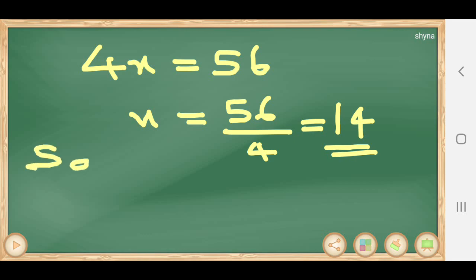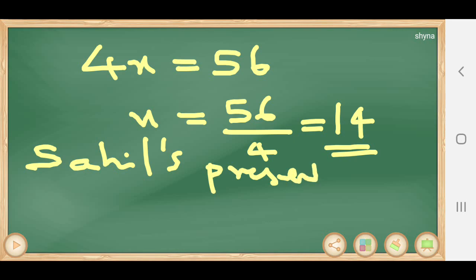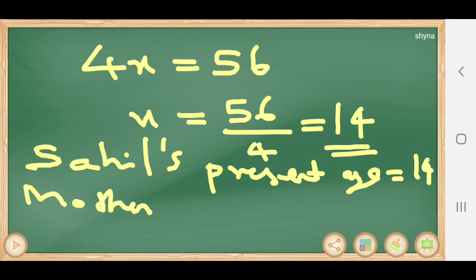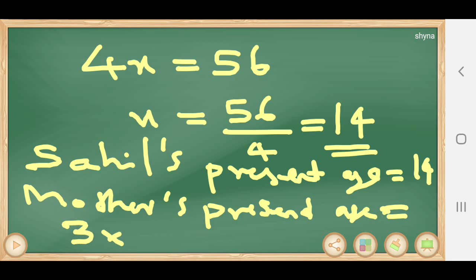Now Sahil's present age is equal to 14 years. Mother's present age equal to what? 3x, that is 3 into 14. What is 3 into 14? 42.